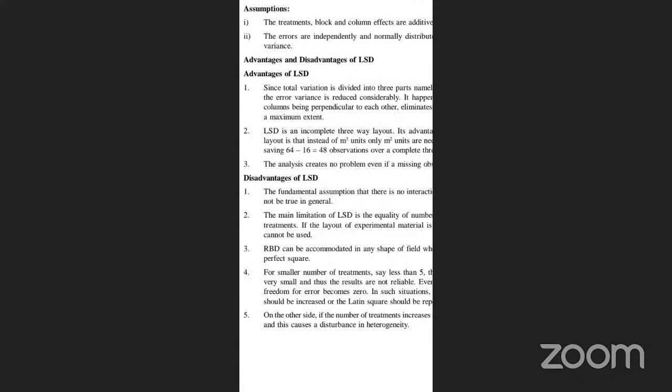Even though 2 into 2 LSD, I already told 4 into 4 LSD. Even in case of 2 into 2 LSD, the degrees of freedom for error becomes zero. In such situations, the number of treatments should be increased, as in the lattice square design. So we have to use 2 into 2, 3 into 3, 4 into 4, depending on that.